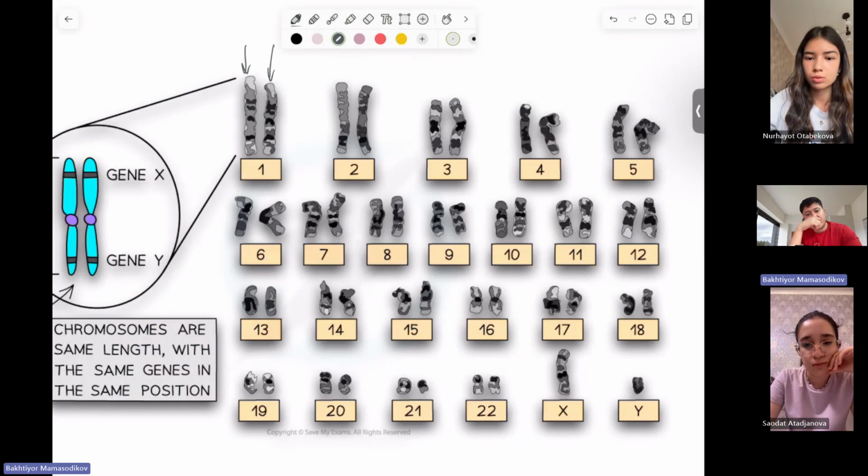How many chromosomes do we have here? 46. Yes, correct, 46.